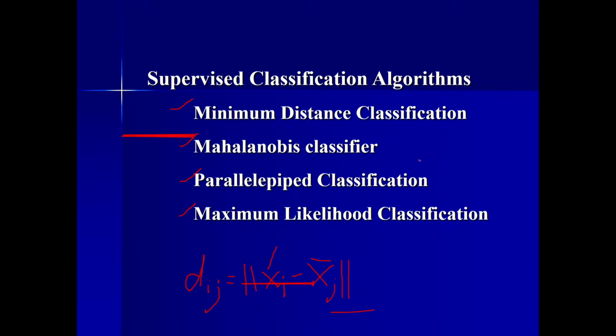Second method is called Mahalanobis classifier. In the Mahalanobis, you will see the formula for distance is a little different. Mahalanobis is basically a Bengali name. He was a professor at the Indian Statistical Institute, Calcutta, and he proposed this distance. If you are finding the distance between the ith and jth pixels, here you can see the formula for Mahalanobis distance.